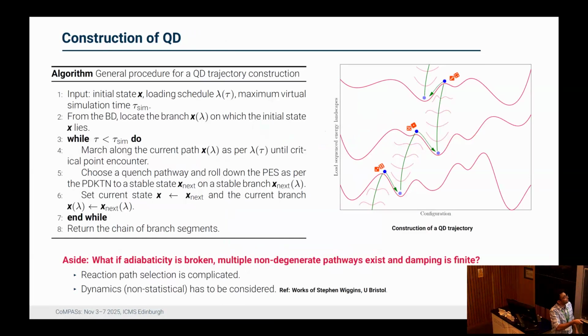So the potential energy landscape evolves, and then you hit an instability, and then you roll a dice and roll down. Again, increase the load, roll a dice and go down, and so on and so forth. So that is how the quench dynamics works.